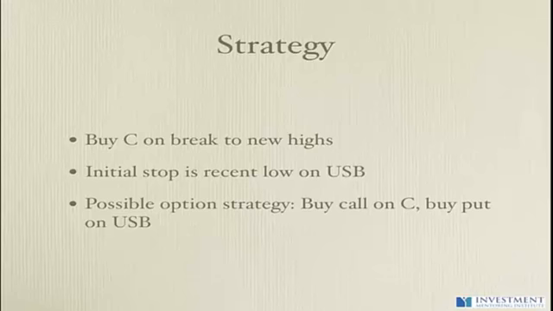I'm pretty sure that implied volatility is going to go up, and I'm going to make money on both the movement in the stocks and the movement in the implied volatility on the two options that we have here.